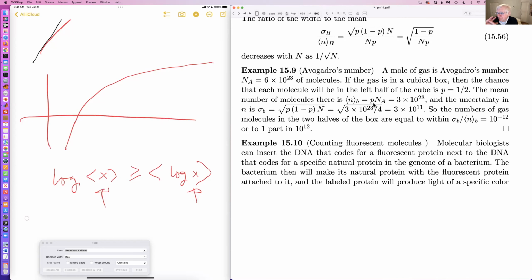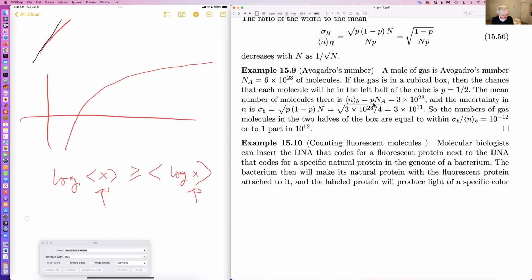Avogadro's number provides a natural example of this. If you have a mole of gas, that's Avogadro's number of molecules.